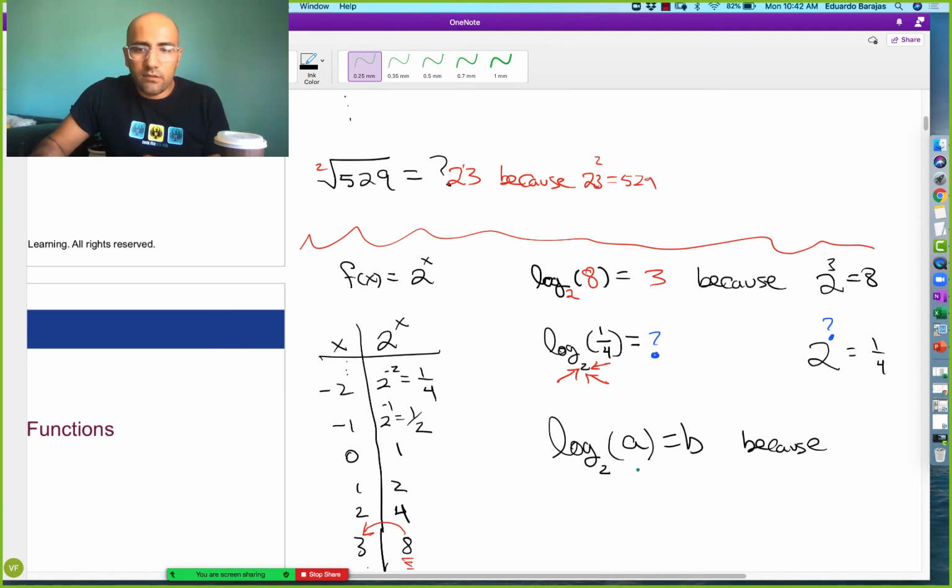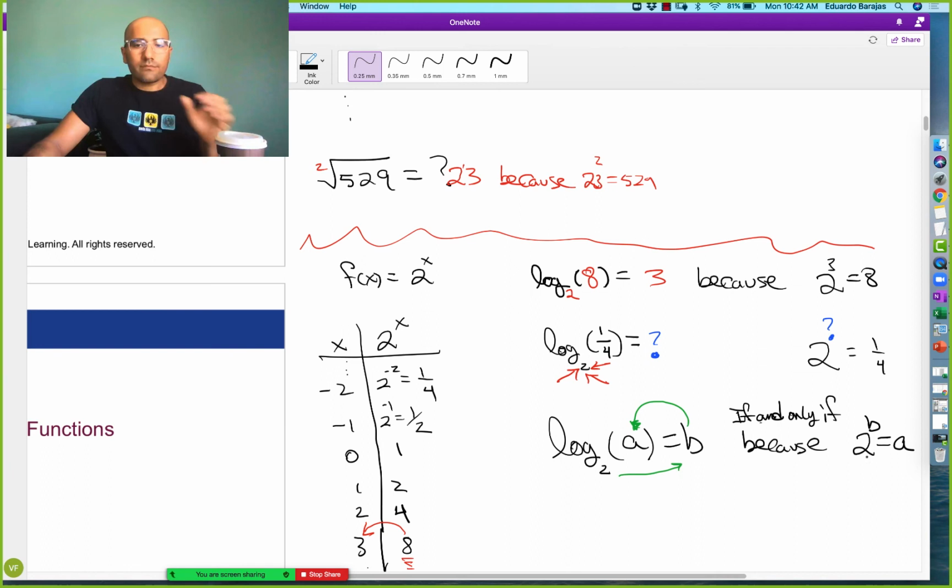So there's this little cycle that happens here. It'll be 2 to the power of b if and only if 2 raised to the power of b equals a. Questions so far?